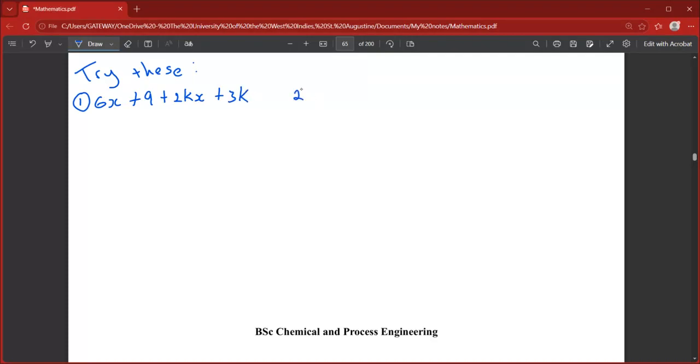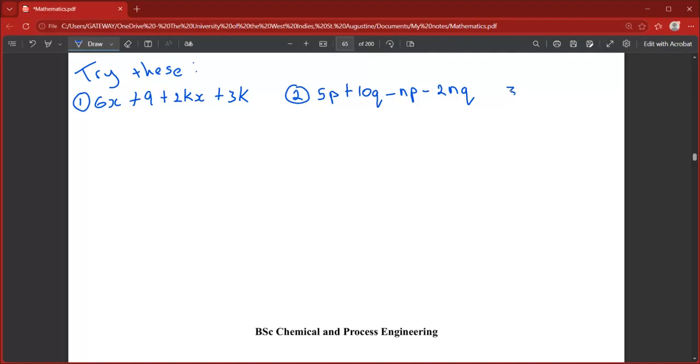Question 2: you have 5p plus 10q minus np minus 2nq.